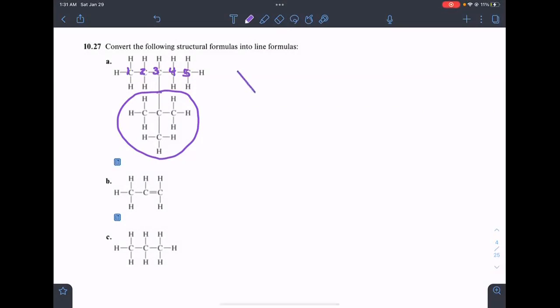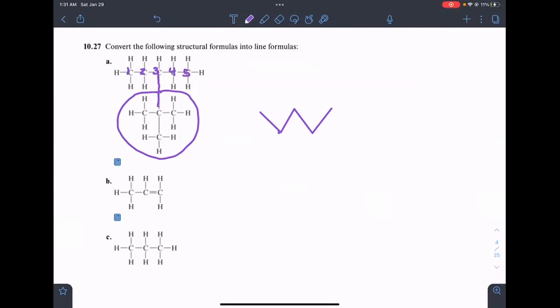We're going to go 1, 2, 3, 4, 5, right? Now, coming off of carbon 3, I guess I should move this down. Coming off of 3, it's really 2 carbons in line here. And then once you get to that first carbon, we have 2 carbons coming off of it.